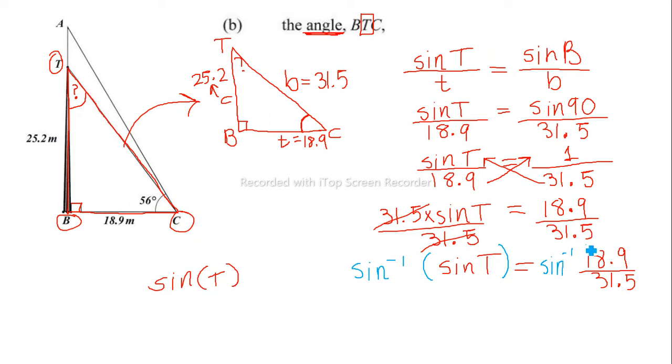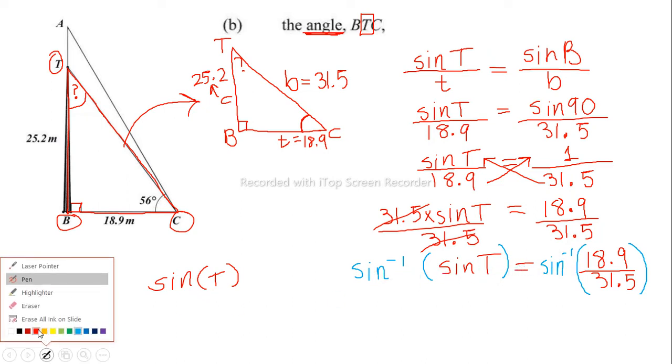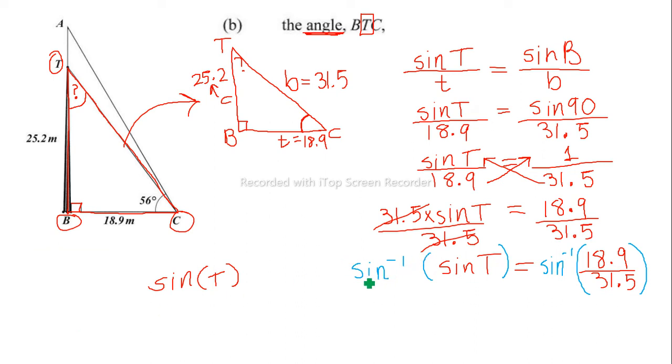Now sine inverse is the opposite of sine, so it's going to cancel out the sine. So we took the sine inverse of both sides, and that lets us cancel out the sine inverse with the sine.